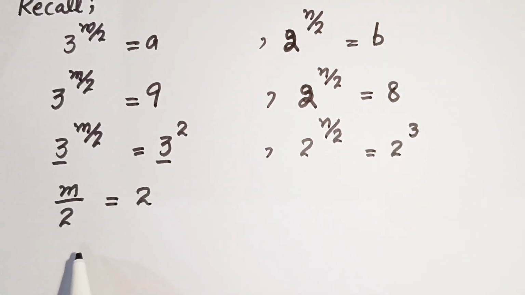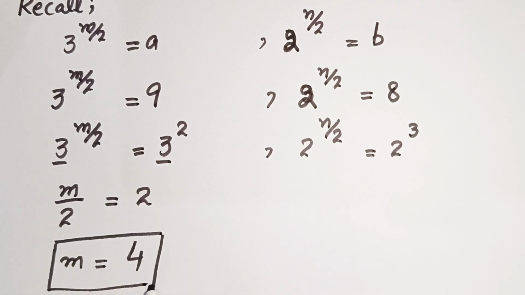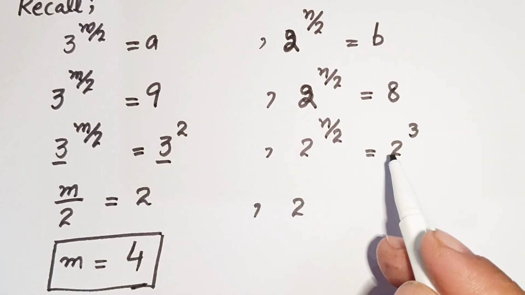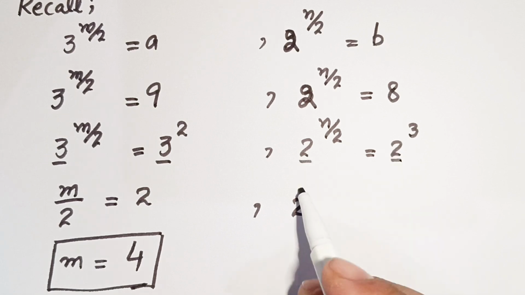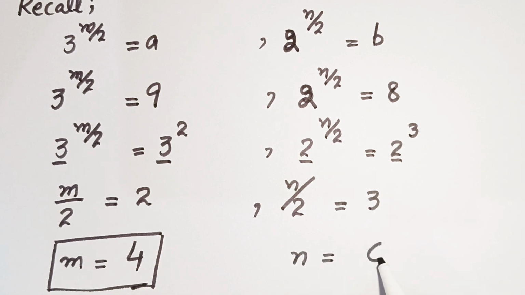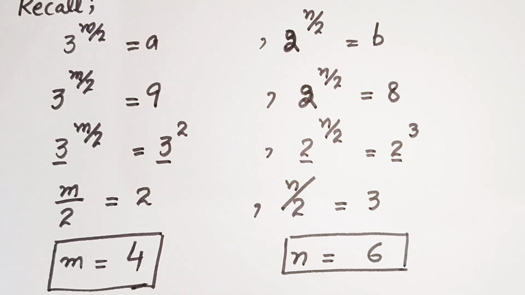So by cross multiplication, we get m is equal to 2 times 2 is 4. Here 2 to the power n over 2, bases are same, so n over 2 is equal to 3, n is equal to 3 times 2 is 6. So we have the values of m and n.